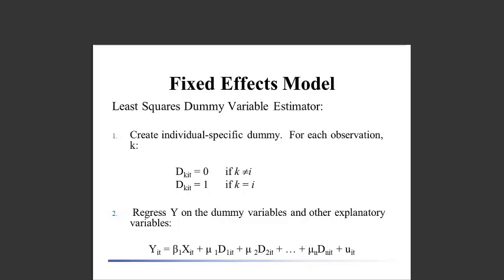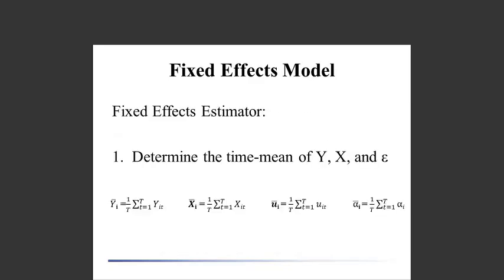For this reason, we'll often leave out the beta naught term or the constant term. Typically though, if we have many individuals and not a lot of time periods, adding a dummy variable for each individual eats up a lot of degrees of freedom and might not be very practical.